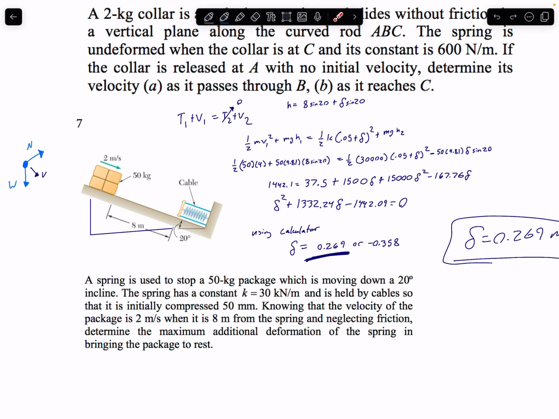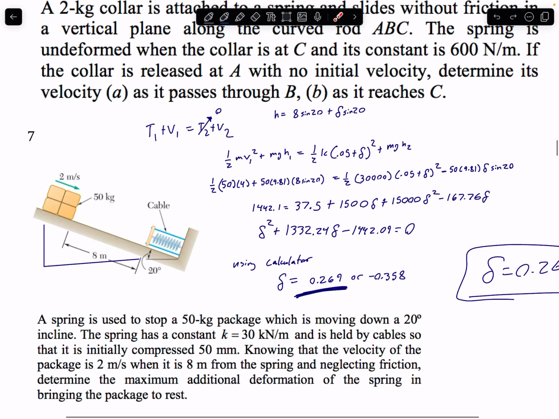And so moving down a 20-degree slope, it travels 8 meters, and we can put everything relative to this axis.